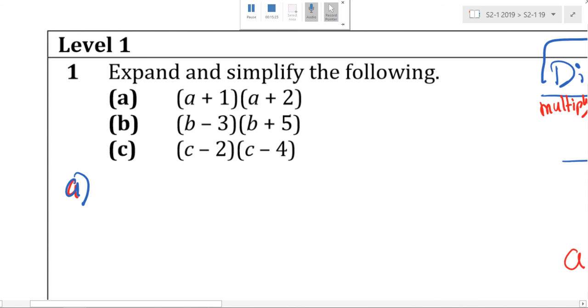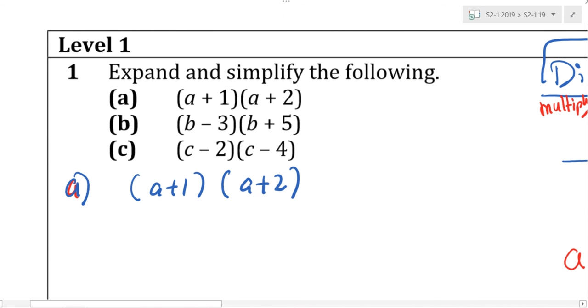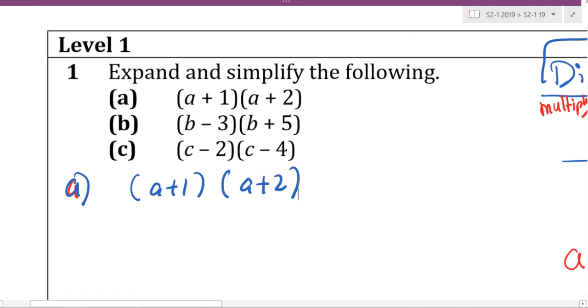So can I write down A plus 1, A plus 2. Do you want me to explain or tell you what to do? Explain, okay. Explain means this.